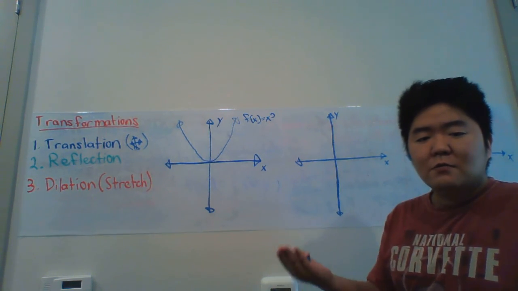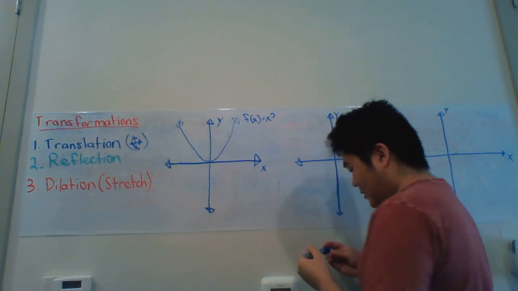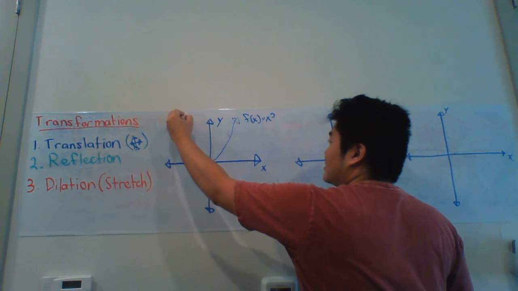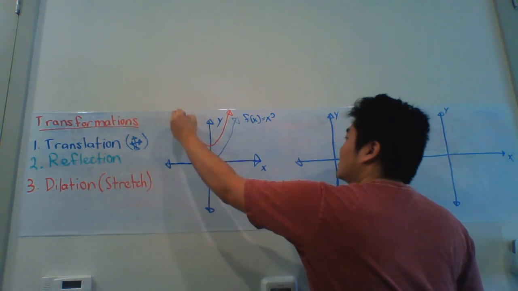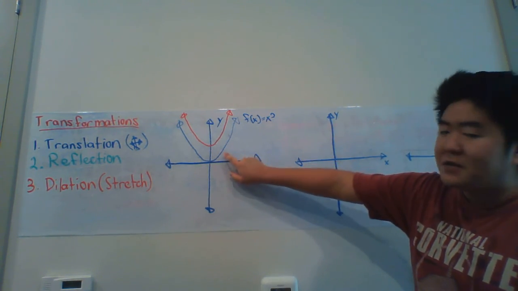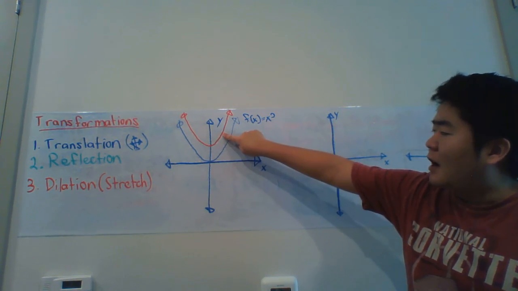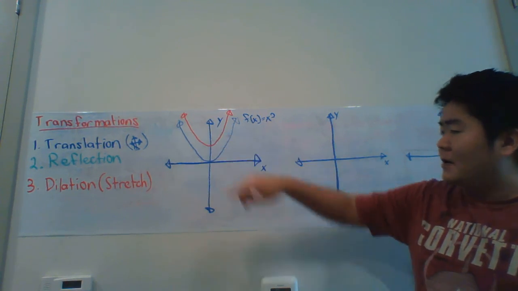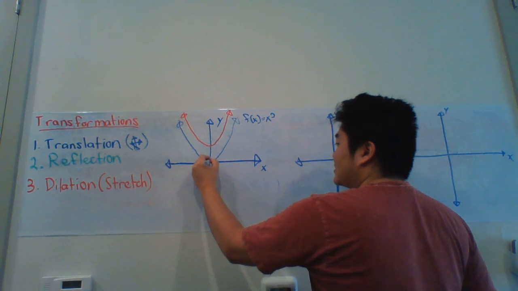Translations, what we described yesterday, is if you move it up. So I'm going to use a red marker to denote a new function. Something like this. So we've got our x squared, our base, our parent function. And then I moved it up to this red parabola. All I did was move it up because, remember, all you're looking at is the vertex.